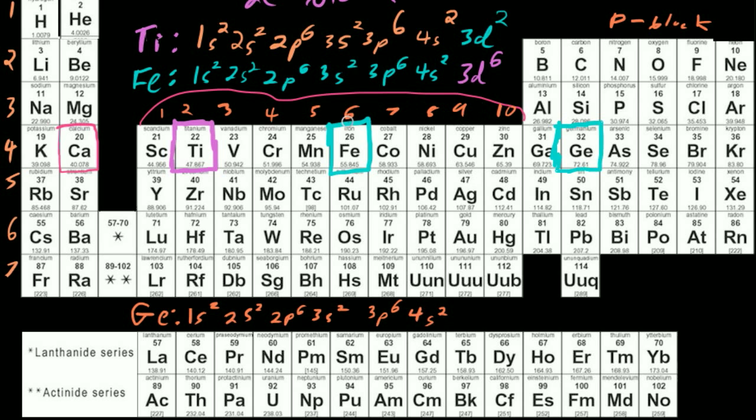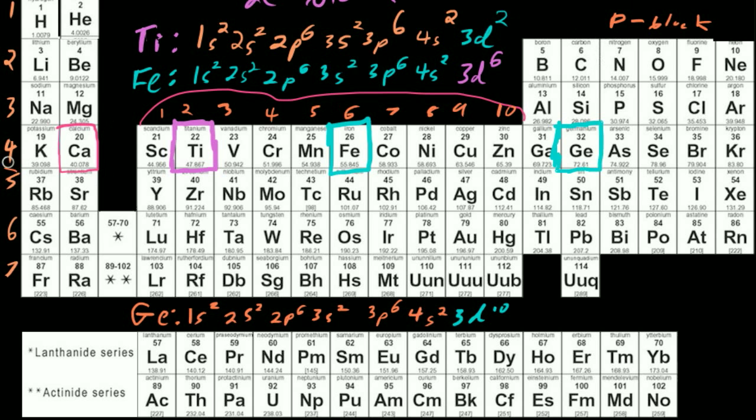And remember, we're still backfilling one principal number, one period number. So we're going to say 3d10. And then what's the last entry? Well, we're back on period 4, right? The p block is a bit easier to understand than the d block in that regard.